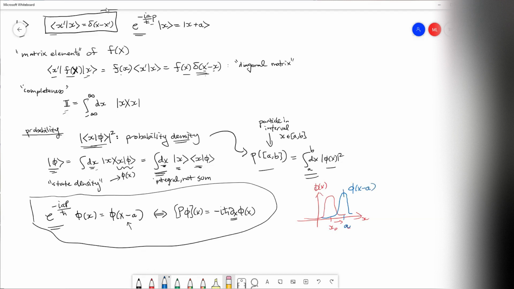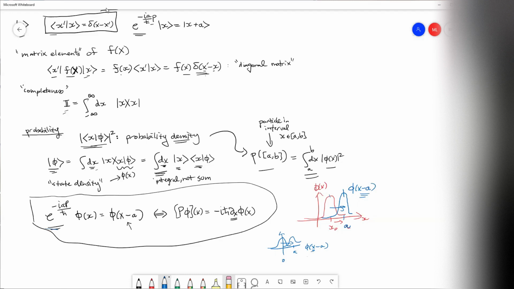Because if you're shifting a function over in one direction, then its argument shifts in the opposite way. So you can imagine maybe this peak's at 0. If the peak is originally at 0 and now you want it to be at a, it's phi of x minus a that has a peak at a, because now x has to be equal to a to get the peak. It's the usual thing when you translate a function in one direction, the argument goes the other way. It's just something to keep in mind.